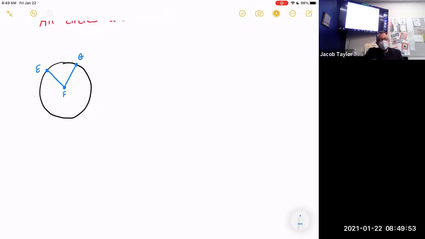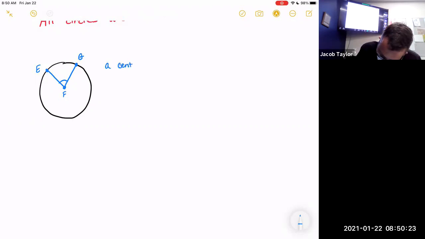So I can combine two radii together, just like this, and I create an angle. Look at that, I made an angle. It's an angle made up of two radii. Since the angle that I just made is at the center point of the circle, which in this case we call F, since it's at the center, we call it a central angle.